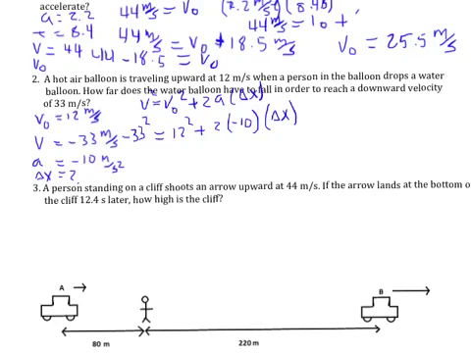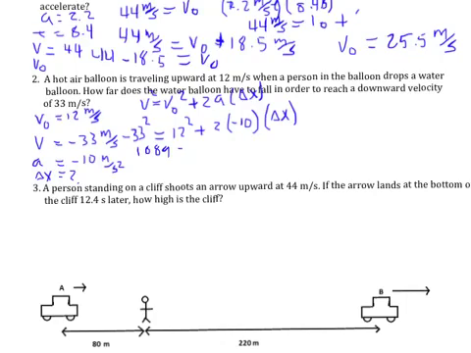So let's square these values and see what I get. Well, negative 33 squared is going to be 1089.